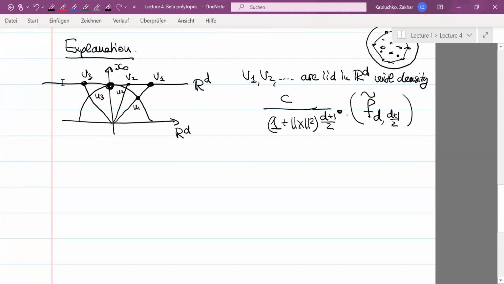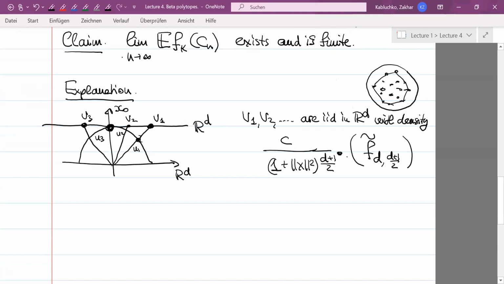A well-known special case is when d is equal to 1: such a random uniform direction intersects this line at a random variable which is Cauchy distributed. And indeed, for d equals 1, we get the Cauchy distribution here. And what we have for general d is a natural d-dimensional generalization of the Cauchy distribution.